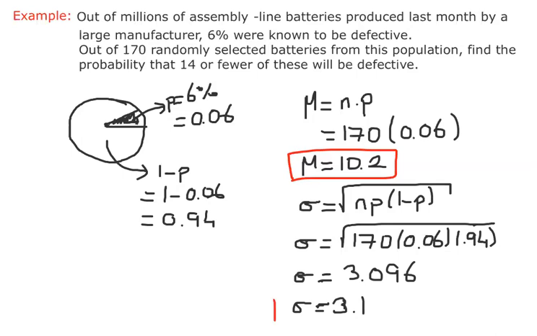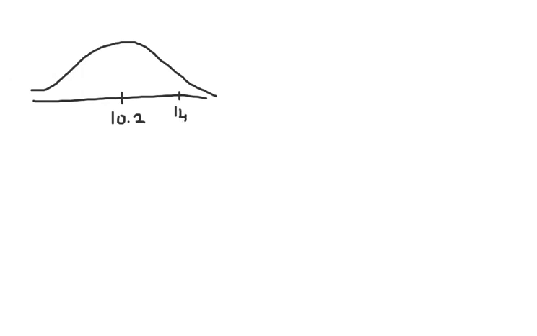So I have these values, mu and sigma, enough for my calculation. Next thing we need to look at is our normal curve. If we have a normal curve, we know that our mean is 10.2. And when we do the histograms, again, we are looking for 14 or less, but we want to cover all parts of this histogram.